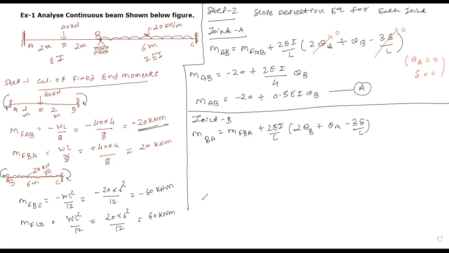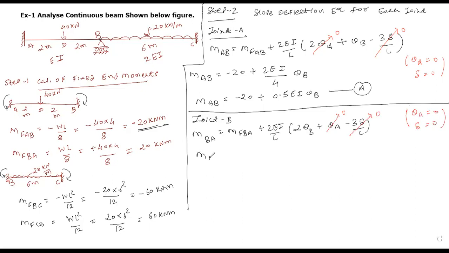Theta A is a fixed support, that's the reason the slope at point A equals 0. No deflection is given in the data, that's the reason delta is also 0. So theta A should be equal to 0 and delta equal to 0. Now put all the relevant values.